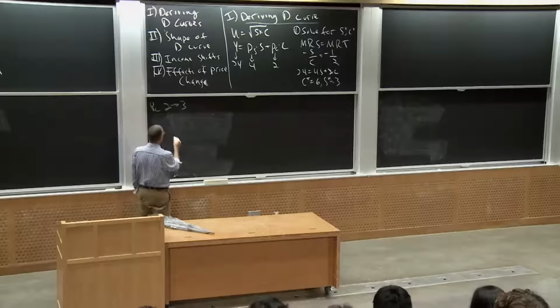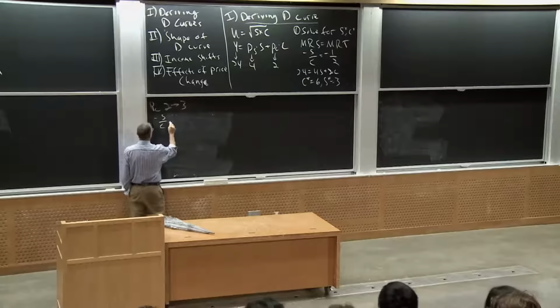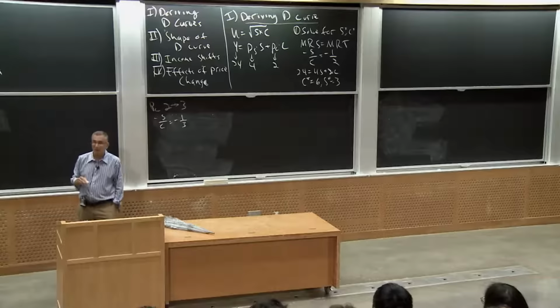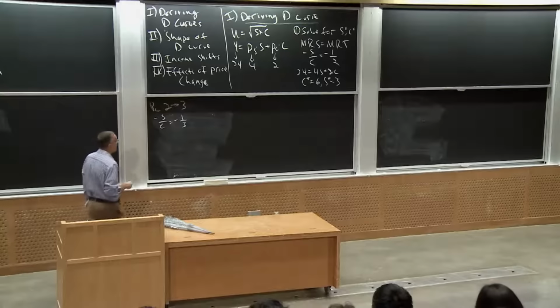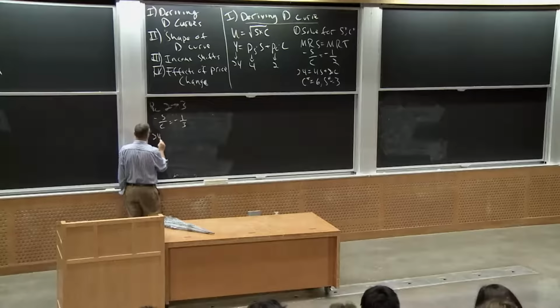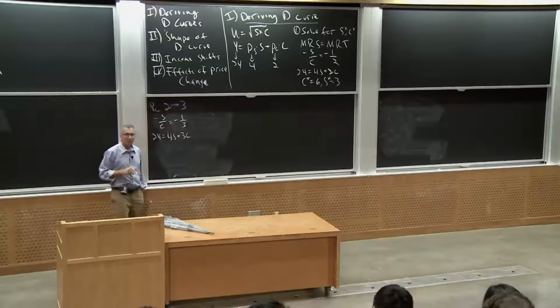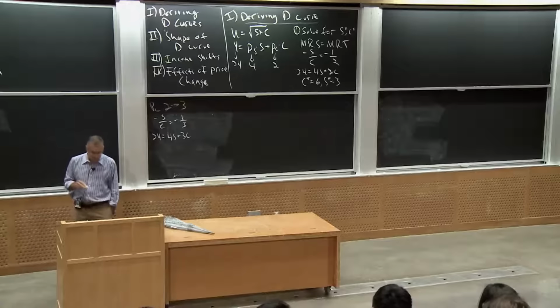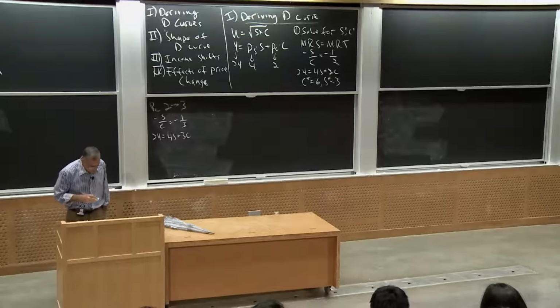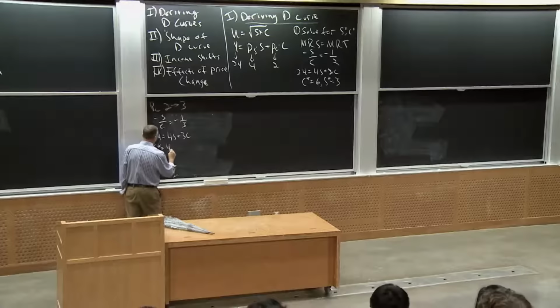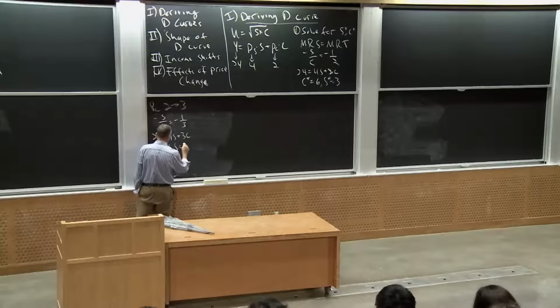So your optimization problem is set minus s over c equal to minus 1/3, not minus 1/2. Your budget constraint is now 24 equals 4s plus 3c. Once you have 2 equations in 2 unknowns, you solve that, and you get that c star equals 4, s star equals 3.